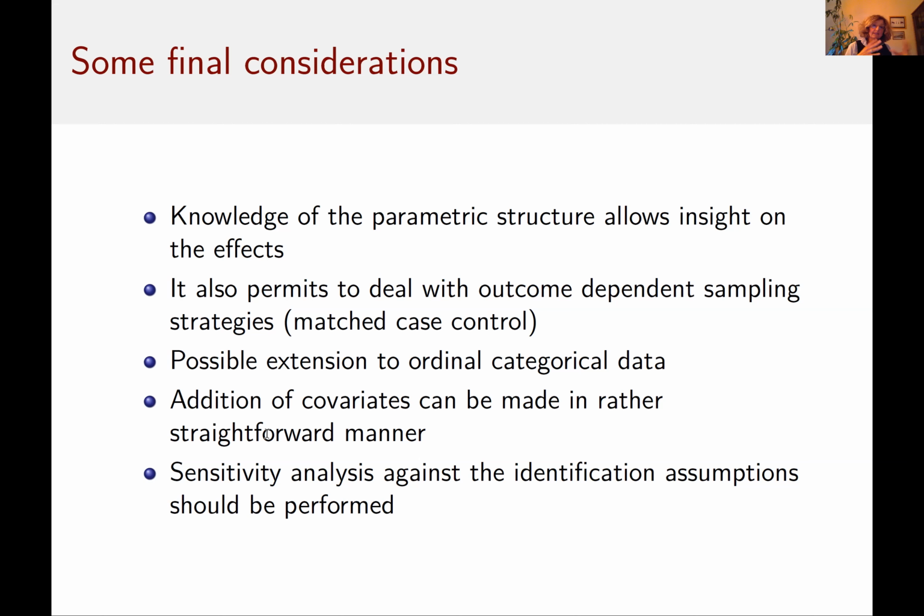You can disentangle as well the effects you're interested in. Extension to ordinal categorical data is rather straightforward. And addition of covariates can be made in a rather straightforward manner. And obviously, sensitivity analysis against the identification assumptions should be performed. And there is a very clear indication of that in the paper by Daniel and co-authors.